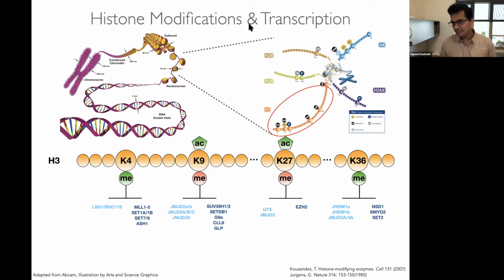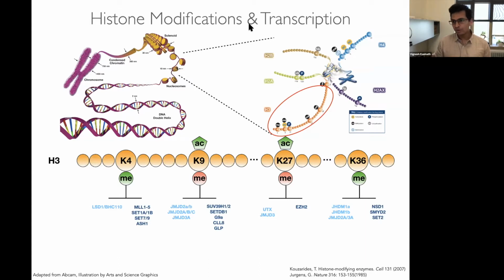There are several lysines. I'm going to talk about the 4 most important ones in my mind, which is K4, K9, K27, and K36. Some of these will appear repetitively throughout the talk, so I'm going to introduce them now. Each of these lysines can either be acetylated or methylated. Acetylation, for example, of K9 or K27 marks regions of active transcription.